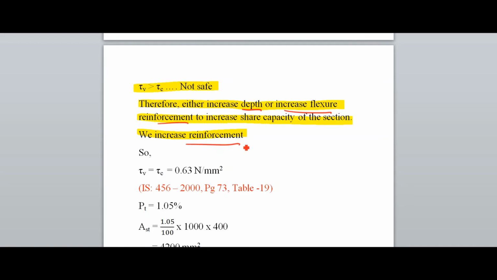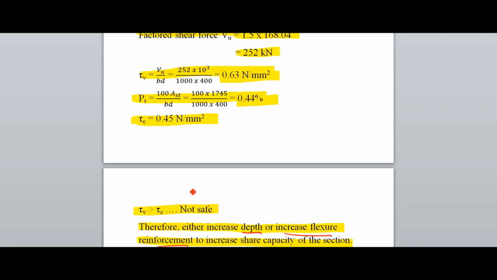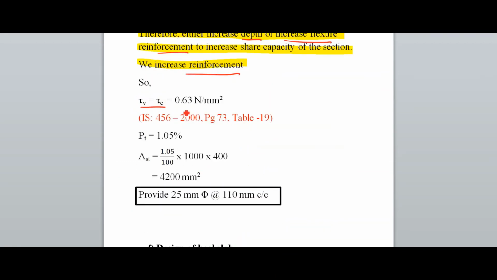How? Imagine tau V is equal to tau C. We assume tau V is equal to tau C, so 0.63 Newton per mm square. So we are going to use reverse psychology here.